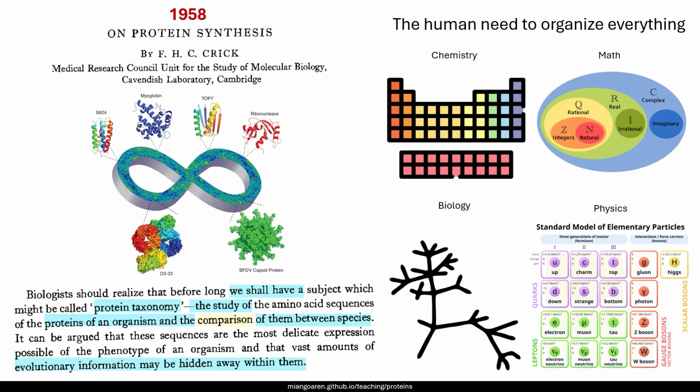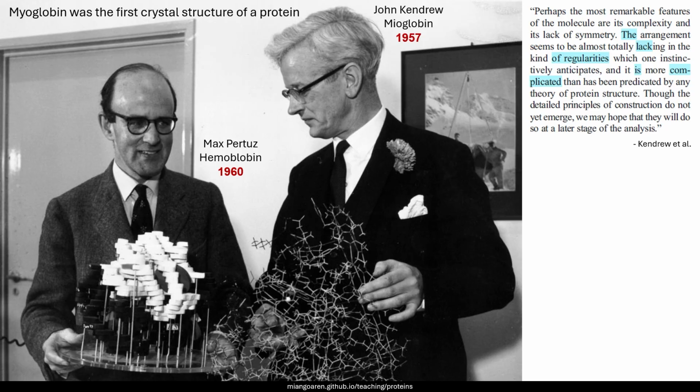And even physics catalogs each of the particles that make up reality in a standard model. So it was quite natural to think that proteins also have a taxonomy. However, it was not really known how to construct this taxonomy.